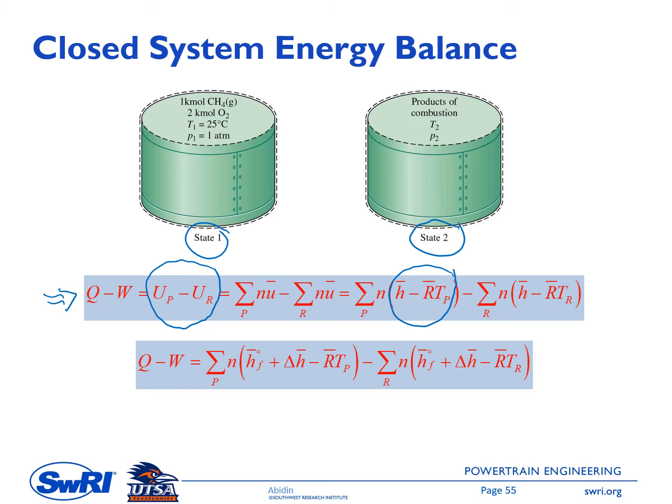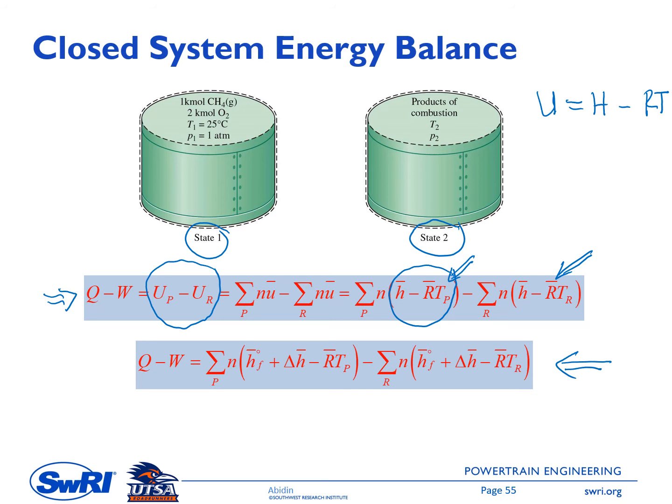Why? Because in this case, we assume that each component composing this system is an ideal gas. So in ideal gas, we can have this correlation U equals H minus R times T. Therefore you can replace this U difference by the enthalpy difference, but you need to include this additional term, R times T. Okay, and this is the final form of the energy equation.